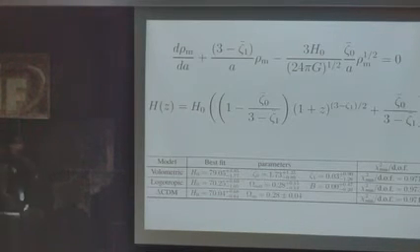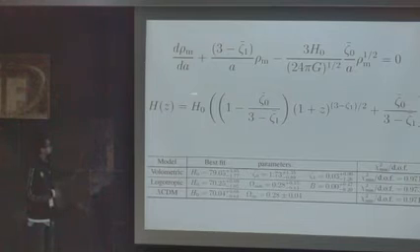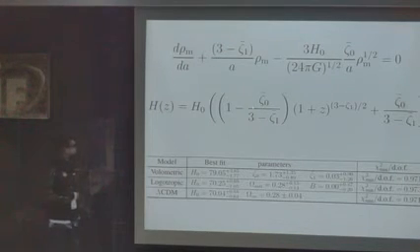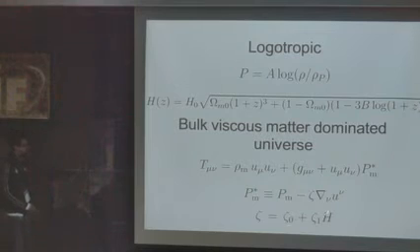In the case of the bulk viscosity, you can rewrite the Friedmann equation in this way, and then you will obtain this Hubble parameter, where you have only two free parameters. These two free parameters essentially are the coefficients of viscosity that you have introduced in this effective viscosity.